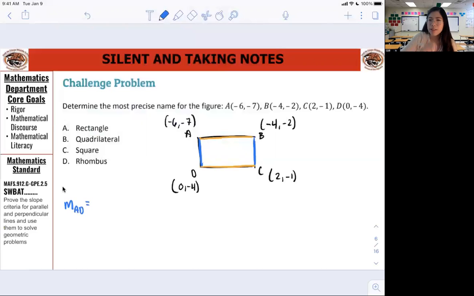For AD, I got something different. Oh, AD. Oh, you were talking about AB. Okay. What about AD though? Because you were right about AB. Five over 2. But AD is 1/2. Good.